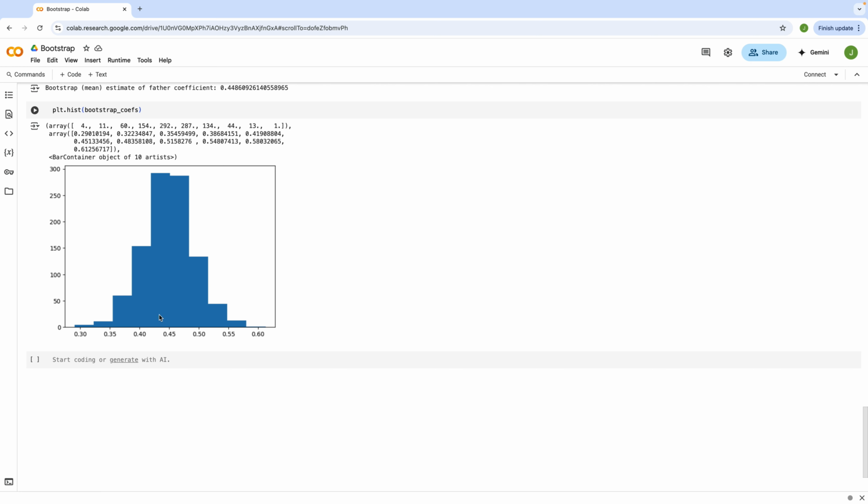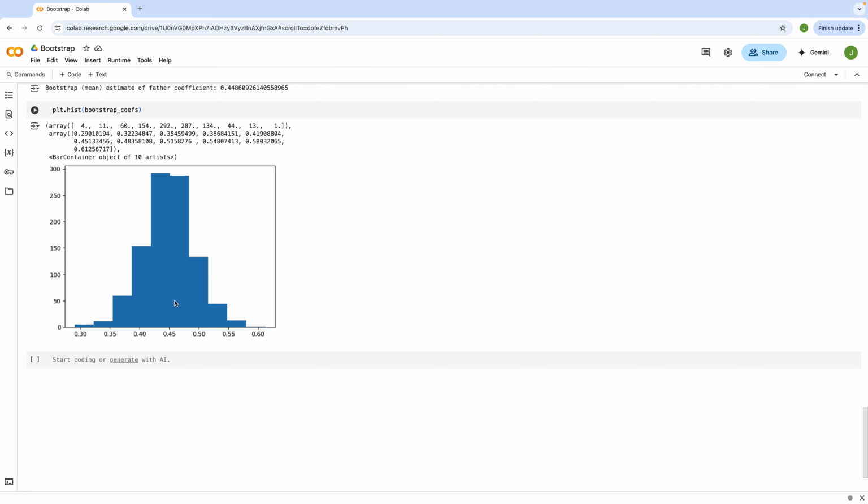But 0.45, that's right about what is the most common estimate and what you would use as your actual estimate, the average. But there's some variability to this, and there's no way that it gets really below 0.3. It'd be very unlikely. It doesn't get any bigger than like 0.6. So that tells you what's a reasonable range for the estimate.